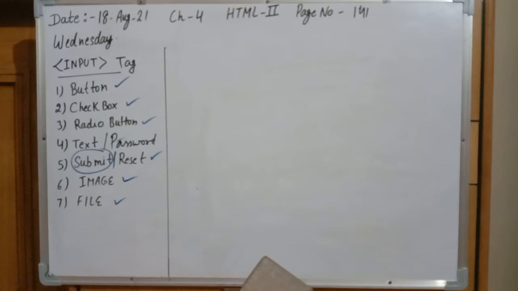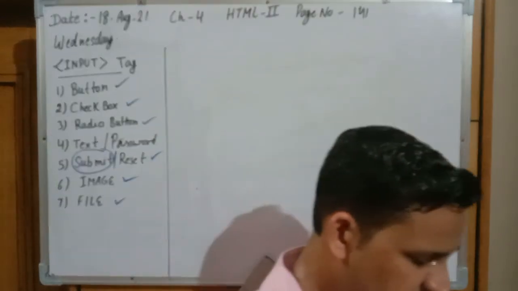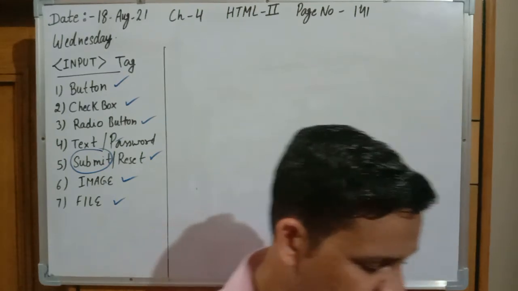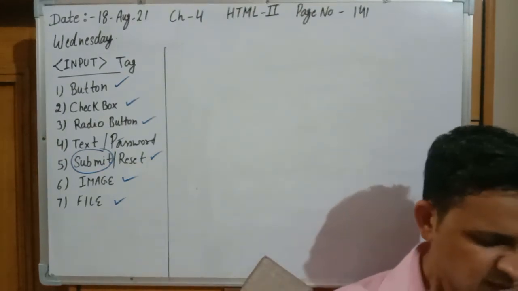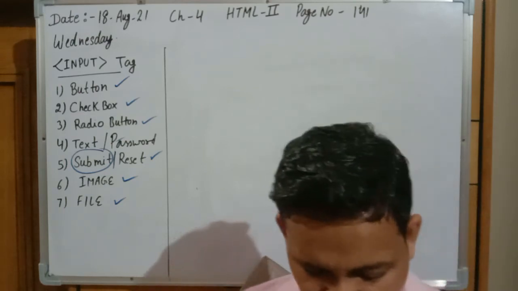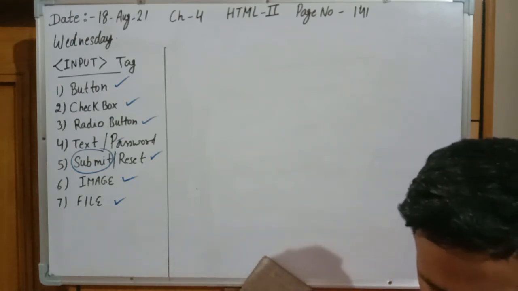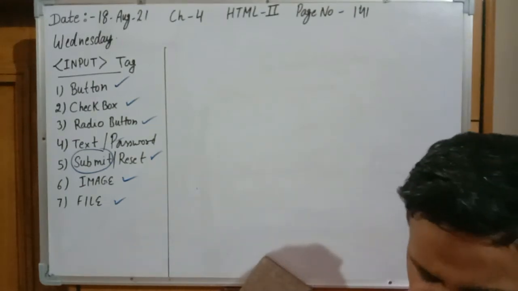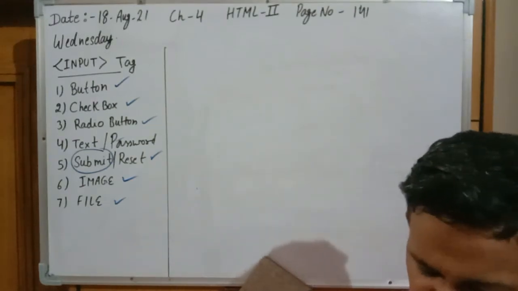After that they have taken gender, P gender, and they have taken one line break. In gender they have written value female, input type is equal to radio button, because gender can be either male, or female, or transgender. That's why they have taken the radio button. One button will be selected at one time. They have written female first, then a radio button is designed. They have written male, then a radio button is designed.